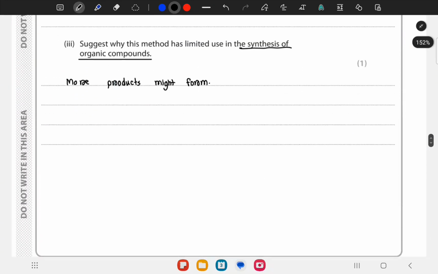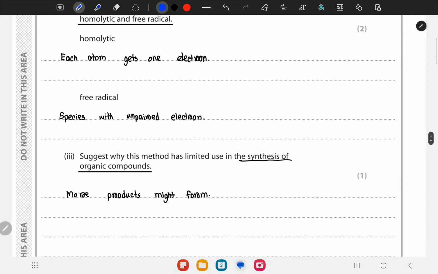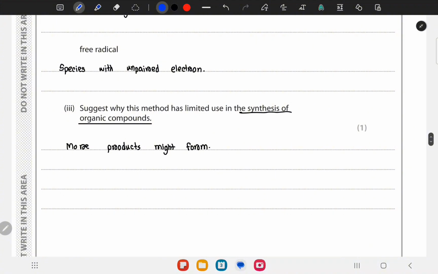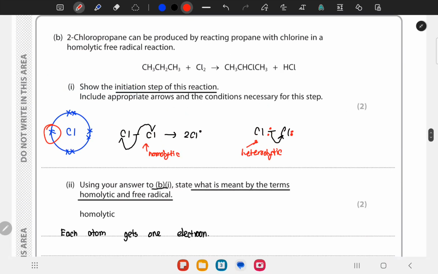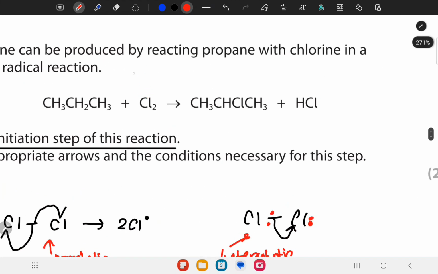Also, if we move back to this question, the reason more products form is that we have the chlorine over here. So the chlorine free radical will join any of the carbons. The chlorine radical can attack any of the carbons over here.